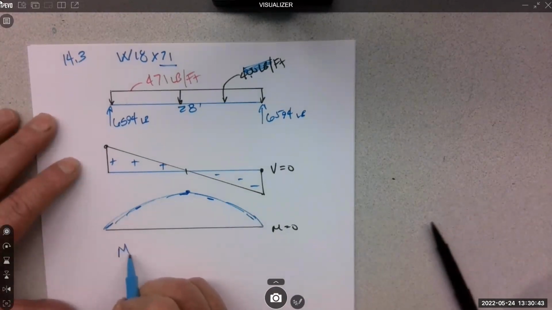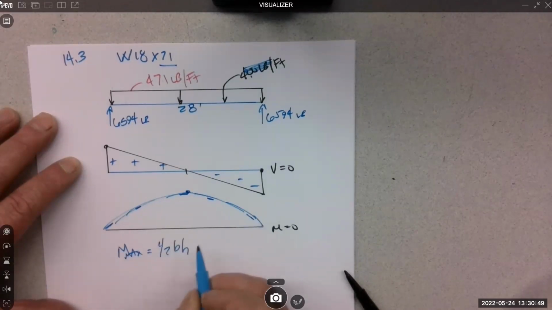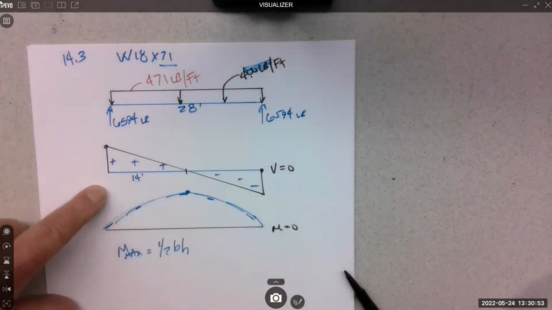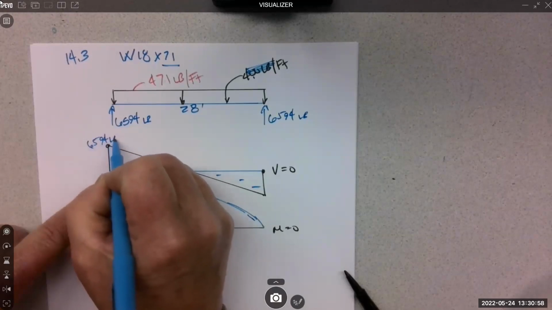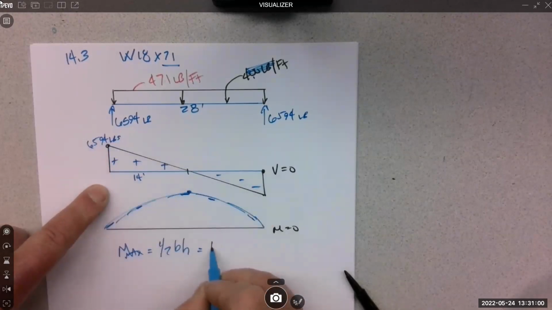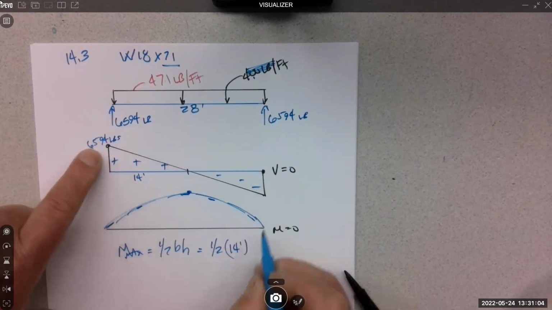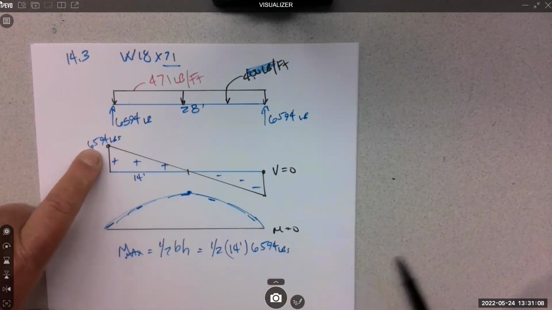So M max should be 1/2 the base times the height of the shear, right? So this is 14 feet, this is 6,594 pounds. So 1/2 times 14 feet times 6,594 pounds.